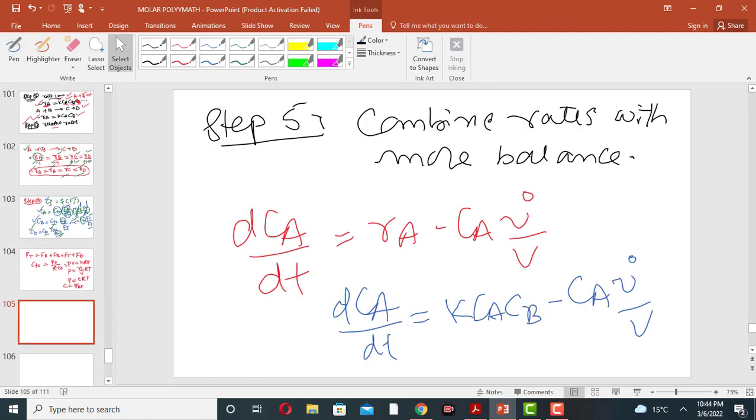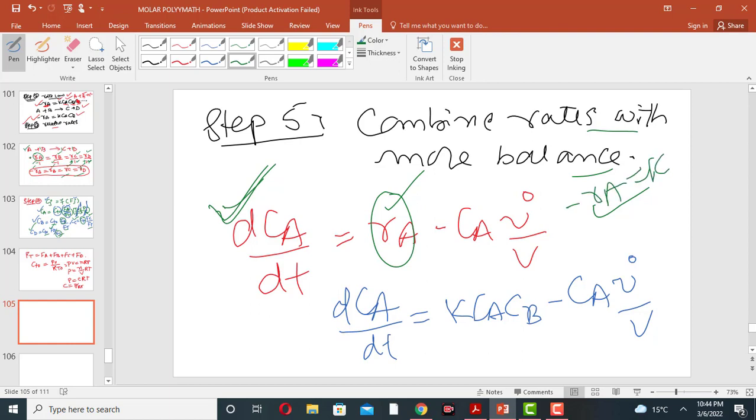In the fifth step, combine the rate law with the mole balance. This is obtained from the mole balance, and we obtain this relation. This is the rate law and this is the mole balance. So in place of RA, we can write the rate law: minus RA is equal to k CA CB for an elementary reaction.